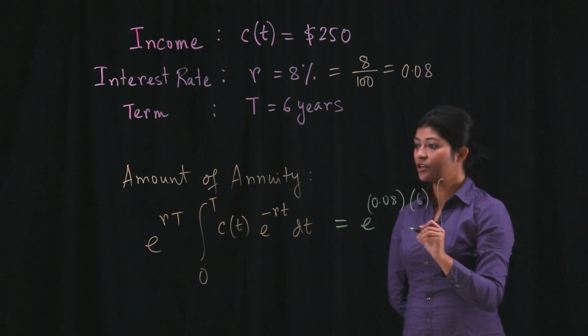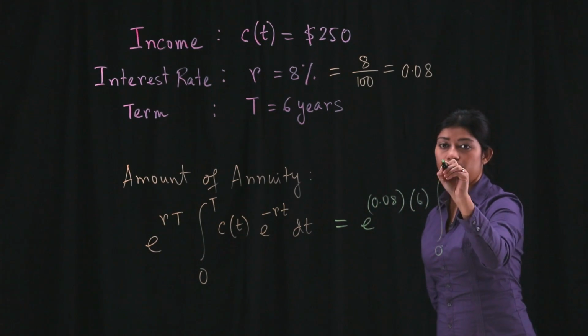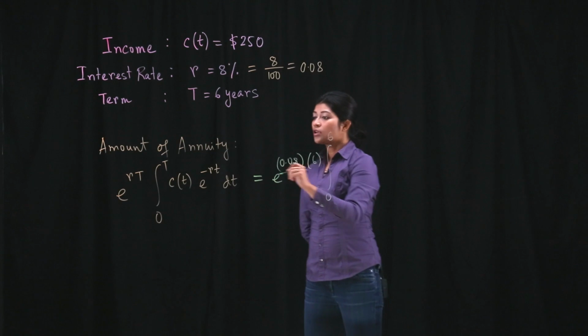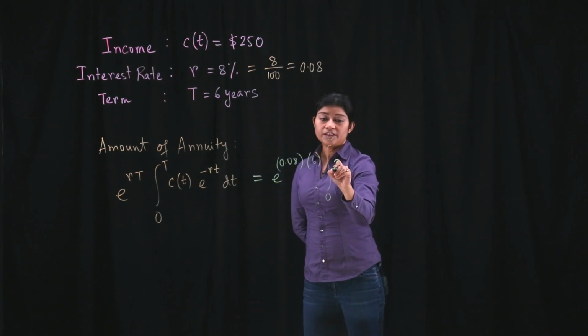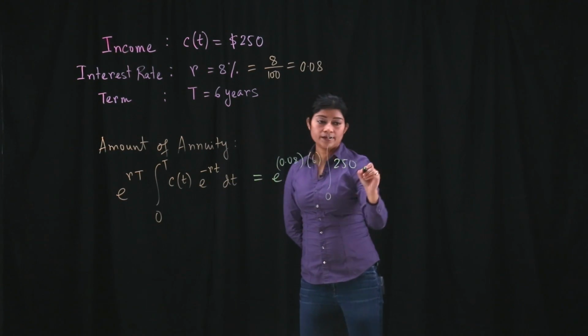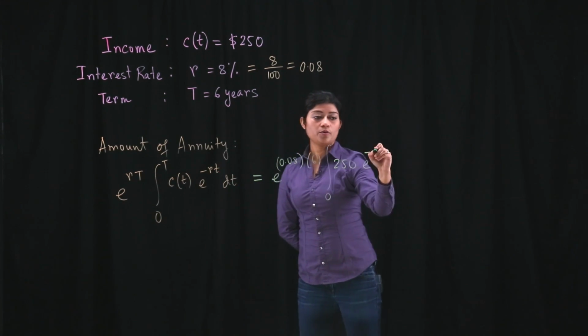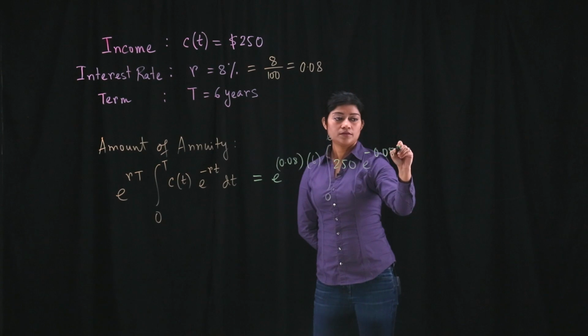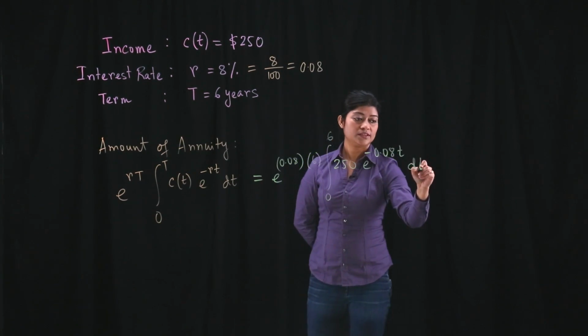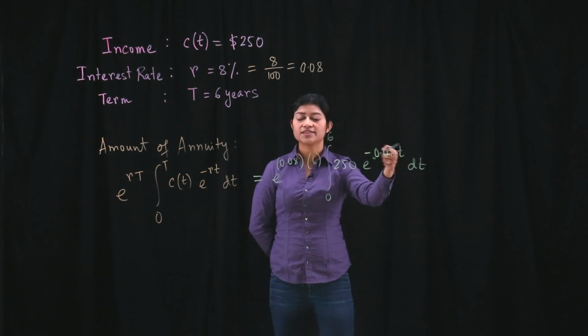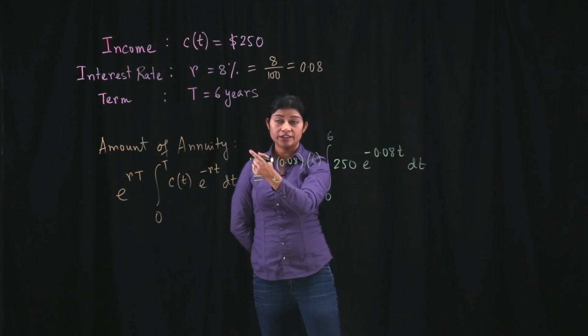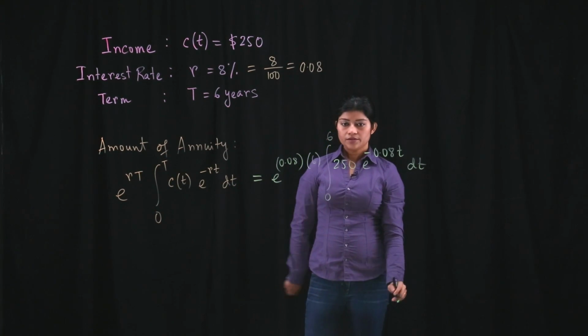And then the limits of integration will be 0 to 6. C of t is 250. And e to the power negative 0.08 t dt. Remember, this is the variable t, this is not the term t. Okay, so we have everything.